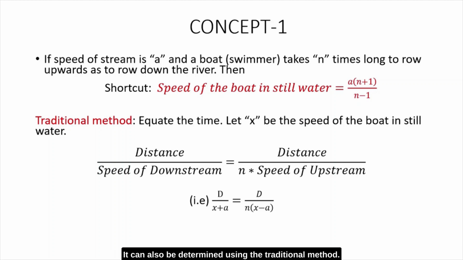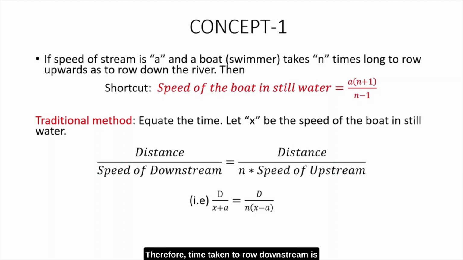It can also be determined using the traditional method. Here we are discussing about the time taken. Therefore, we can equate the time taken to row downstream with the time taken to row upstream and determine the speed of the boat in still water. We know the basic formula of time taken as distance traveled divided by speed.